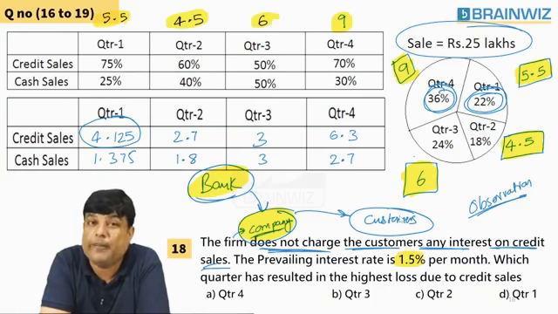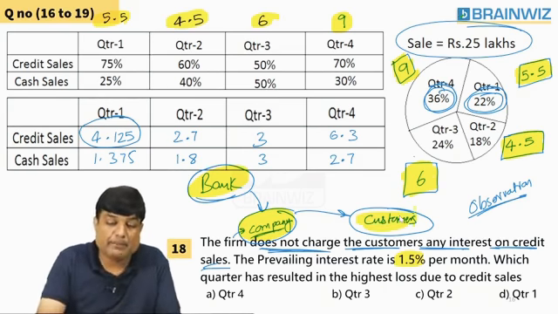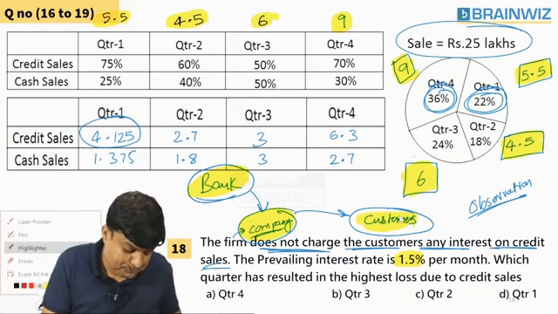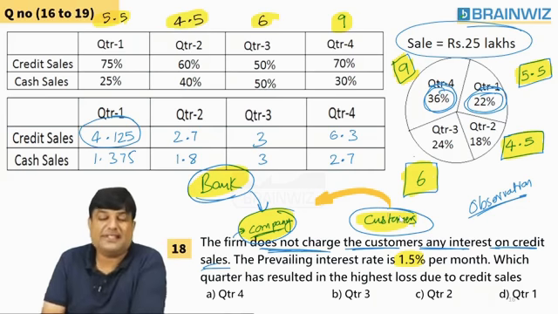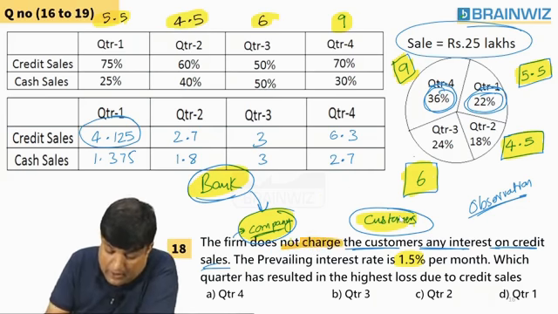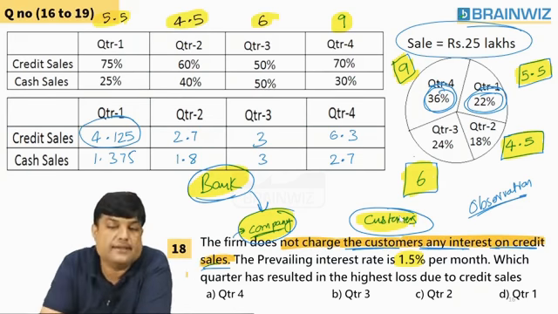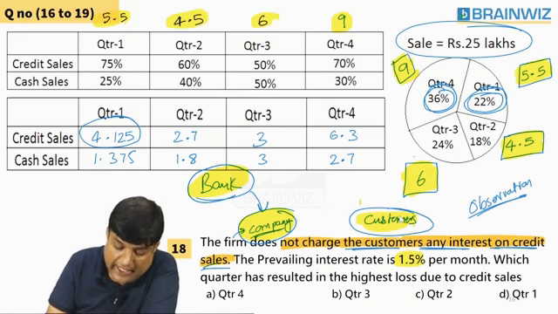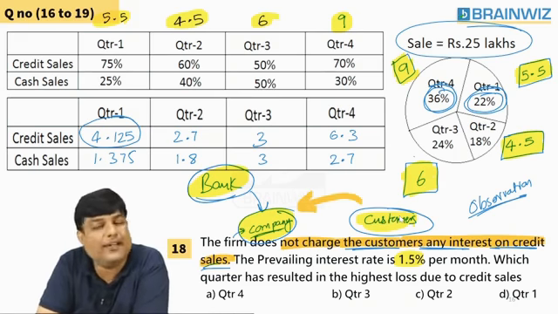But is the customer paying back to the company? No, customers are not paying back, because the company does not charge any interest on credit sales. Customers have to pay genuinely, but they are not paying.